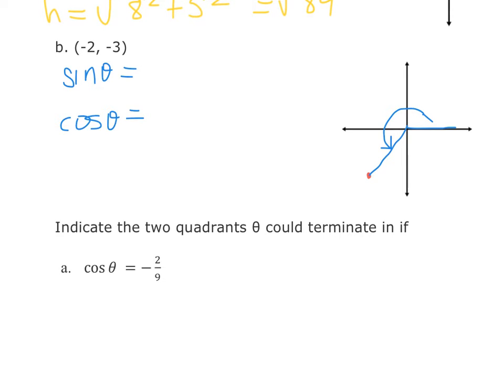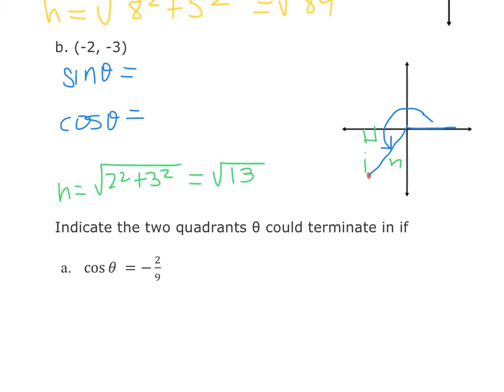Again, we need to find this hypotenuse. So the hypotenuse is equal to the square root of 2 squared plus 3 squared. So we're going to get the square root of 13.